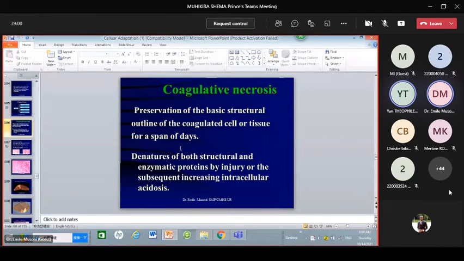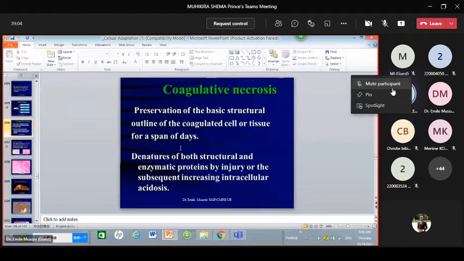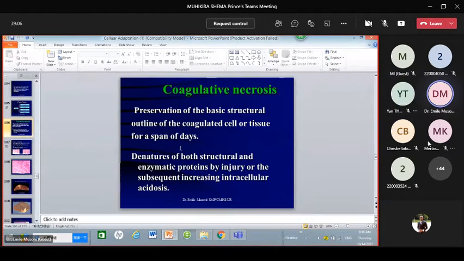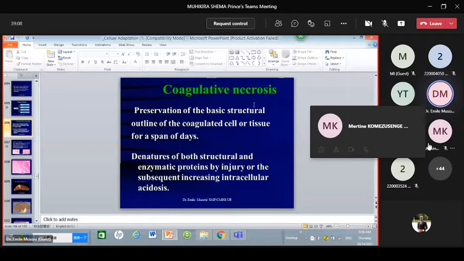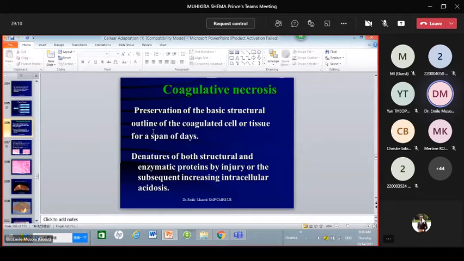Let us start with coagulative necrosis. In this type, there is preservation of the basic structure of the coagulated cells or tissue for a span of days.